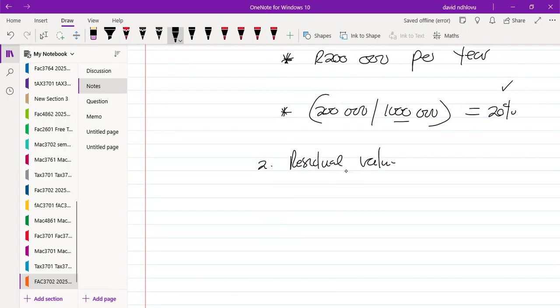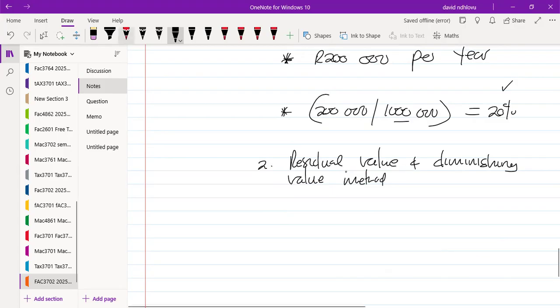Also known as the diminishing value method. What is our formula here, good people?